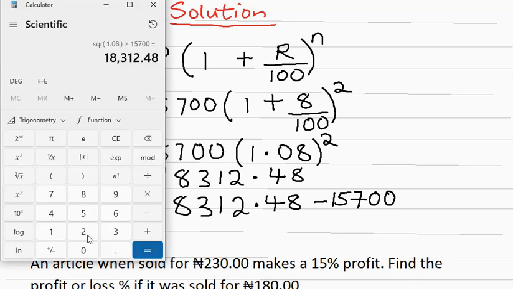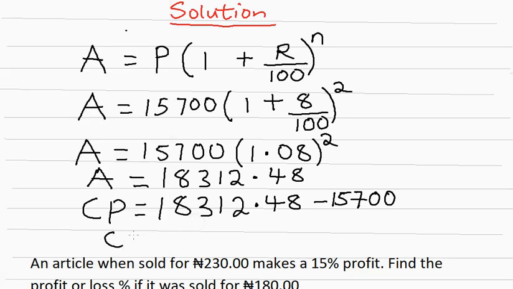So there's going to be minus 15,700. So here we have 2,612.48. So compound interest is 2,612.48. Of course, that should be in naira. As simple as that. So please take note of that formula, as we proceed to the next question.